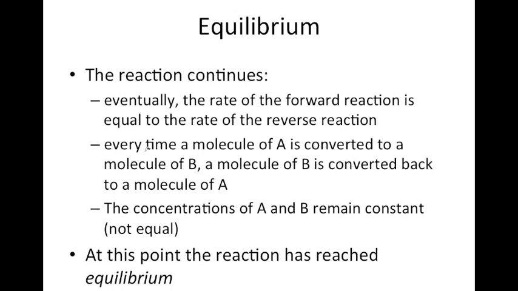In other words, every time a molecule of A is converted to form B, a molecule of B is converted back to A. So at this point, the rates of the forward and reverse reactions are equal, and therefore the concentrations of A and B are constant at equilibrium, because every time we lose a molecule of A, a molecule of B converts to reform A. So these concentrations remain constant.